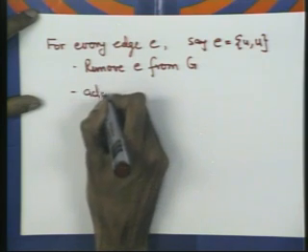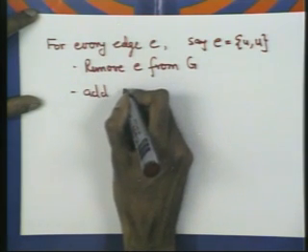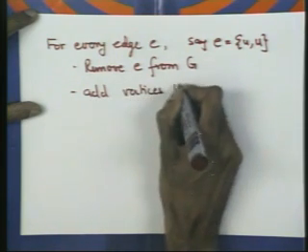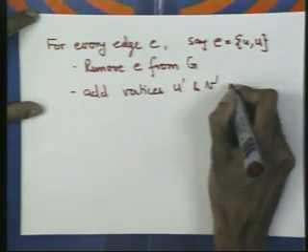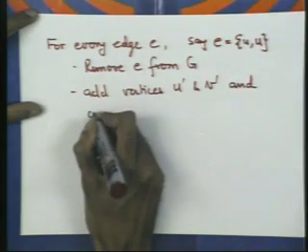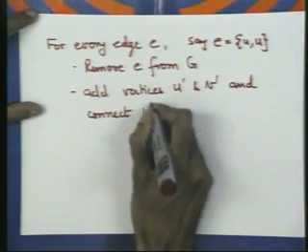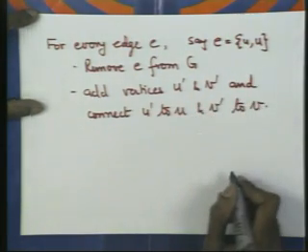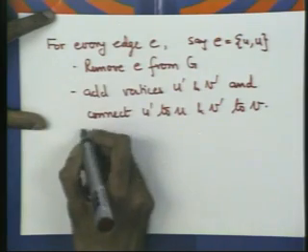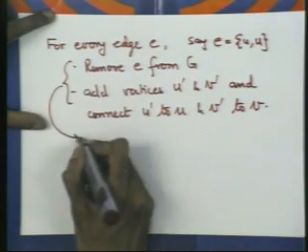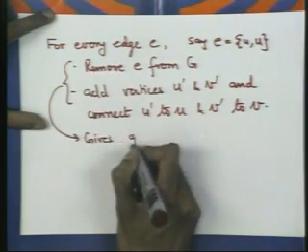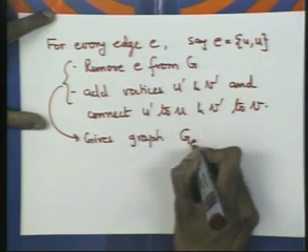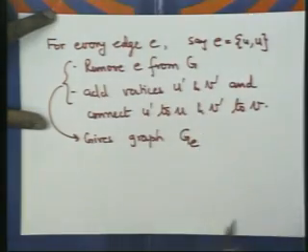Then add vertices U prime and V prime and connect U prime to U and V prime to V. Let's say this gives graph G_E. For an edge E, I get this graph G_E.